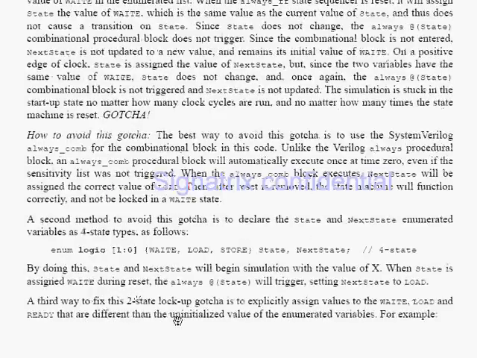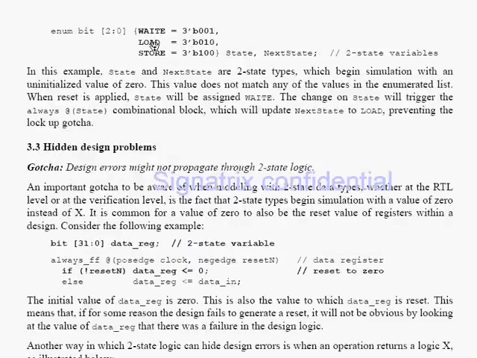A third fix for this two-state gotcha is to explicitly assign the values of wait, load and ready that are different than the uninitialized value of the enumerated variables. For example, what they are trying to say? They are assigning the values 2'b01, 2'b10, 3'b100. So initially the state is 000.